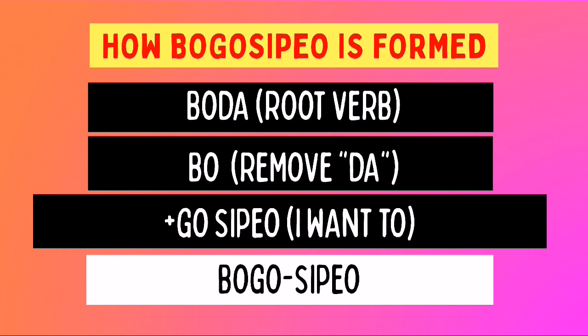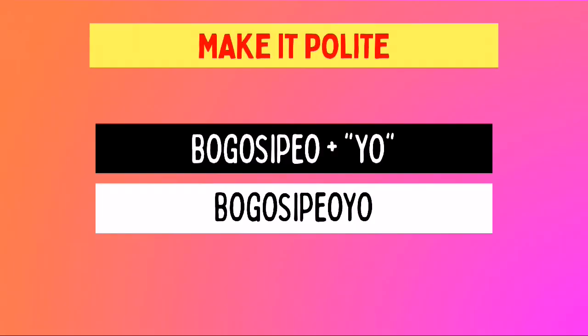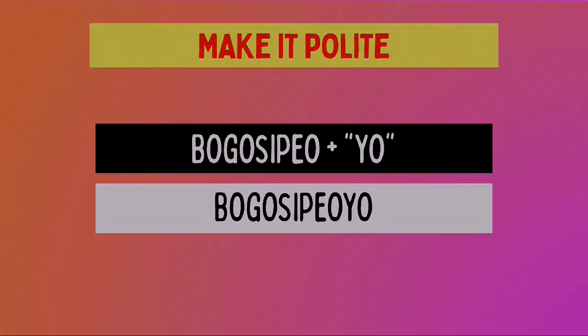To be able to do that, we need to remove 다 from 보다 and then add 고 싶어. And that results to 보고 싶어. Remember that 보고 싶어 means I want to see. Lastly, we just have to add 요 at the end of 보고 싶어 to make it polite. And that's how 보고 싶어요 is formed.